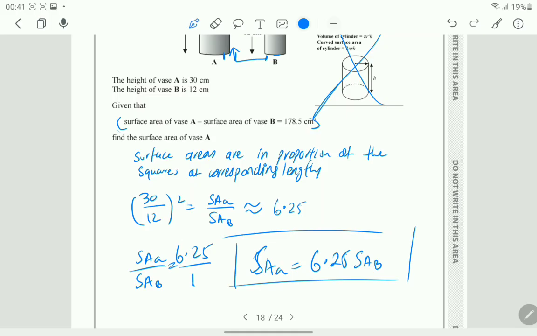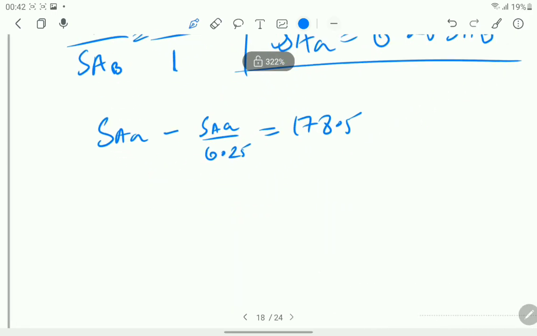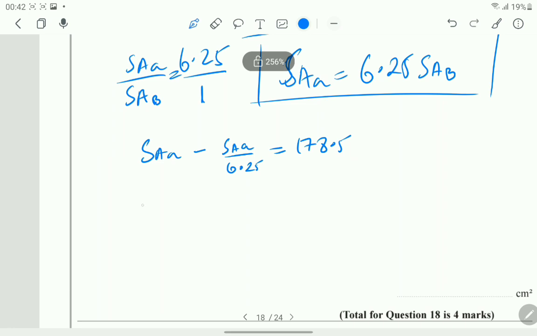This is the relationship between the two vases. So surface area of vase A is surface area of vase A, obviously, but surface area of vase B could be rewritten as surface area of vase A over 6.25 equals to 178.5, and now we can solve for surface area of vase A. 6.25 times surface area of vase A minus surface area of vase A equals to 178.5 times 6.25.